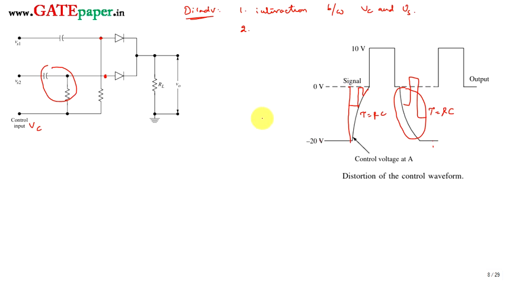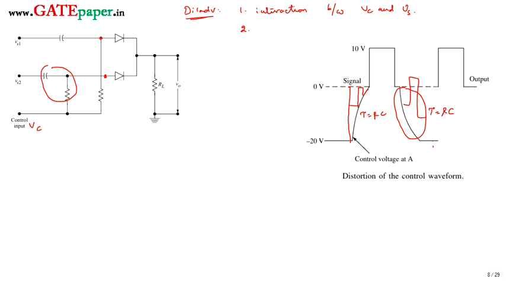So these are the disadvantages. You must apply the input signal only when the control signal has reached the steady state value during the transmission period. That is, after reaching 0 volts only you must apply the input signal. If you apply it before, there is distortion in the output signal. And even during the non-transmission period, if it has not reached -20 volts properly, then the signal, if present, will also appear somewhat at the output side.